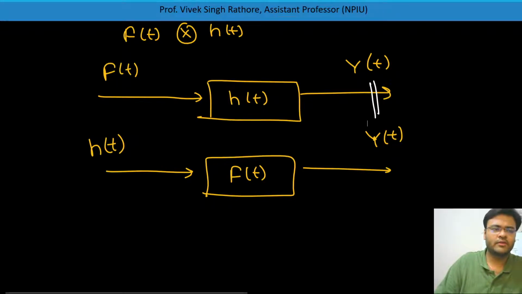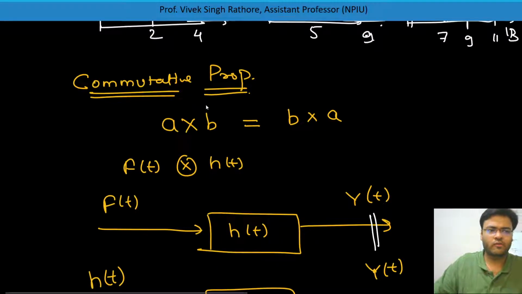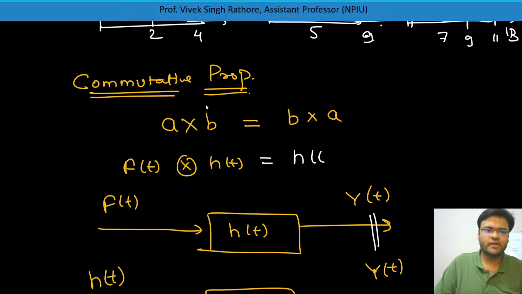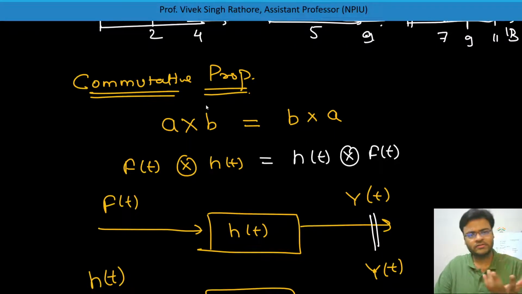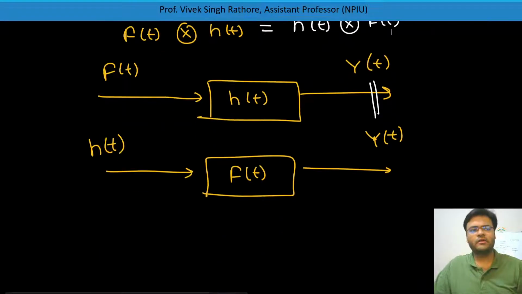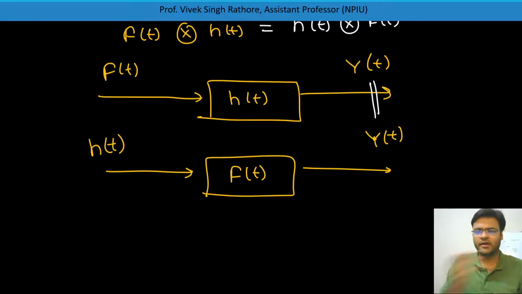Okay, so whether you are doing f of t convolution with h of t, or h of t convolution with f of t, the order may be changed, the value will remain the same. So there is no effect on the response of our LTI system, even if the positions of input and impulse response are interchanged.